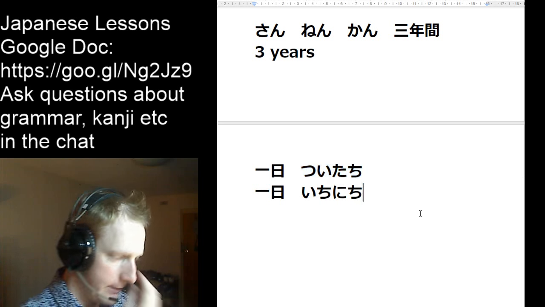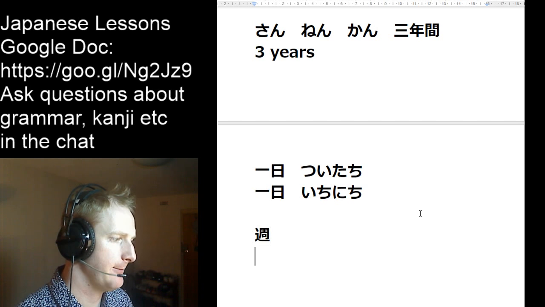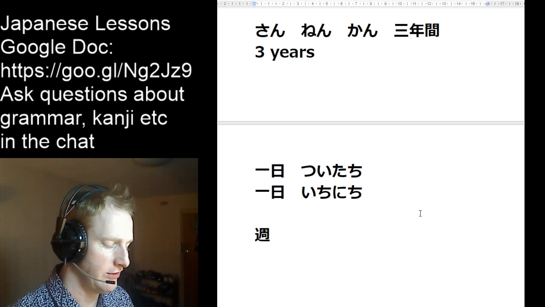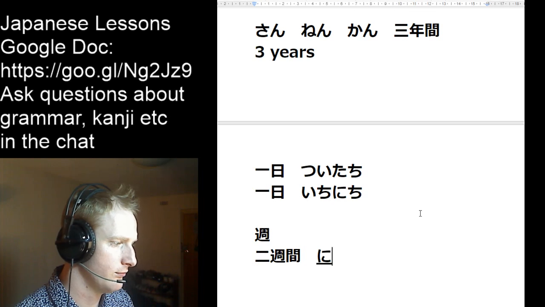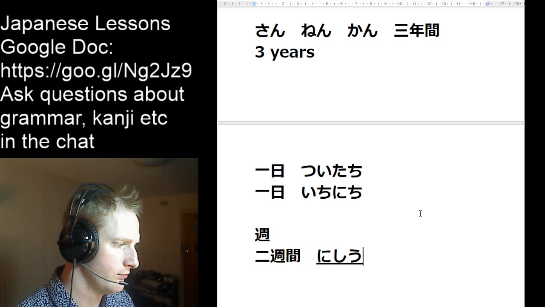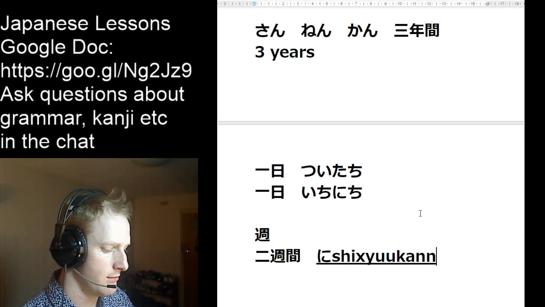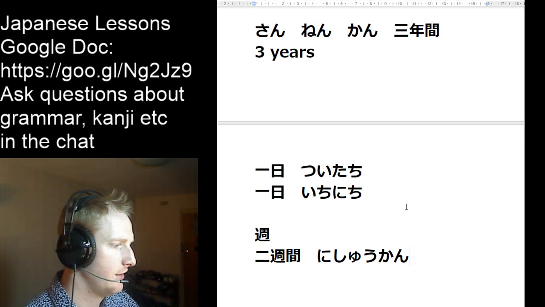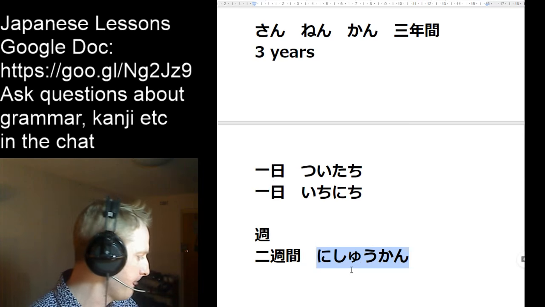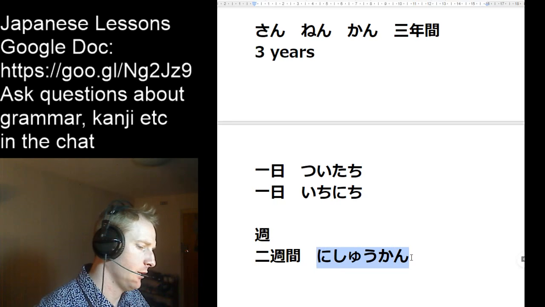The other one worth looking at is weeks. So we have this kanji shu. Okay. Now there are a few pronunciation changes, but we'll just look at an easy one first. Got there in the end. 2週間. Okay. So a period of 2 weeks.